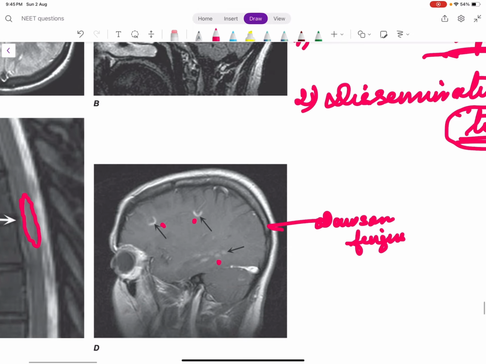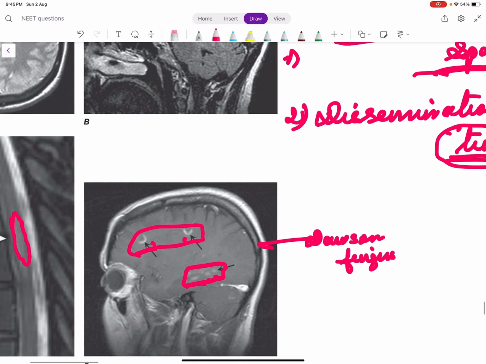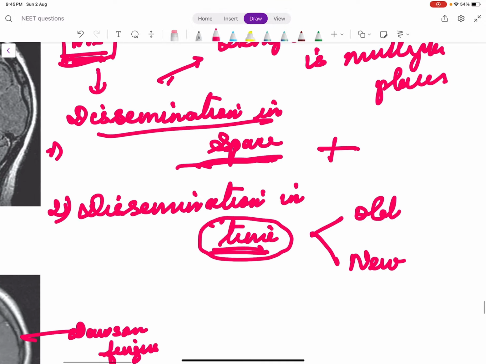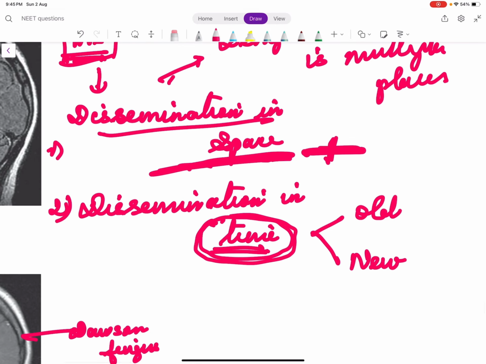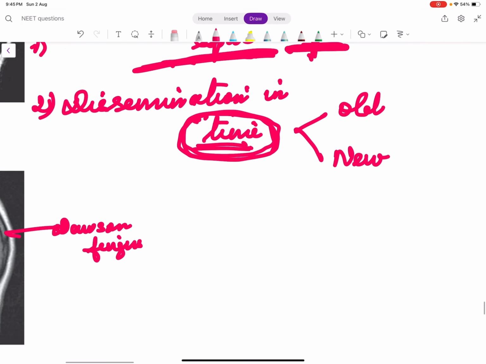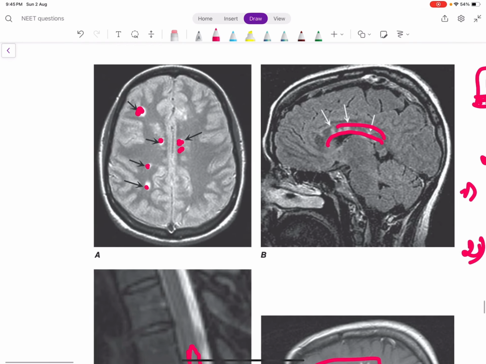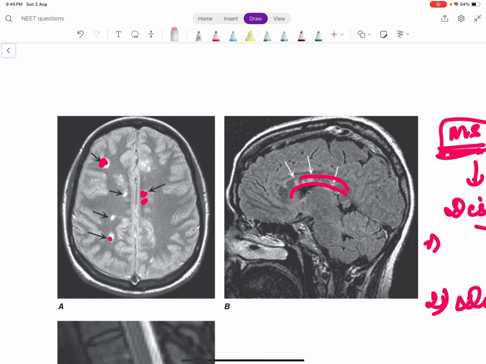This one is a bit dull white, which means this one is an old demyelination, these two are new demyelination. So, demyelination should be present in multiple parts of the brain and spinal cord, plus there should be demyelination which is happening over a long time. Right? So, both old lesions and new lesions must be present. I'll show it here also.